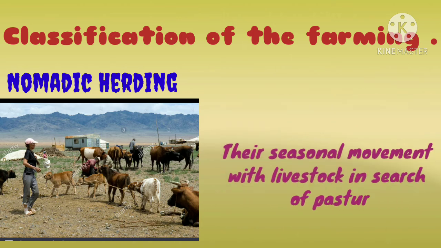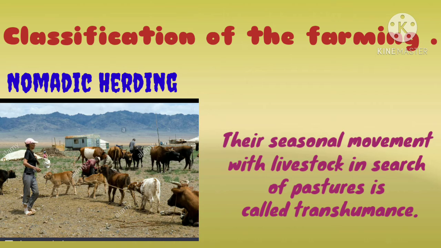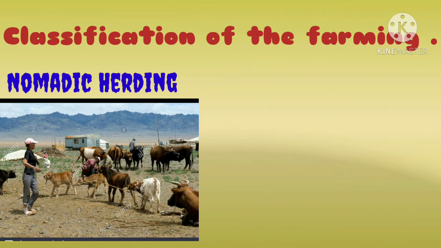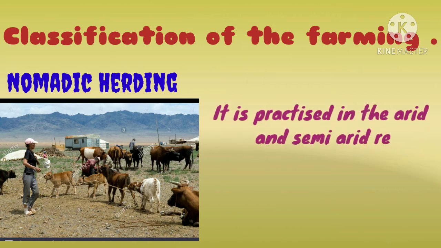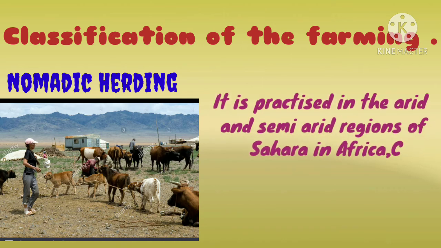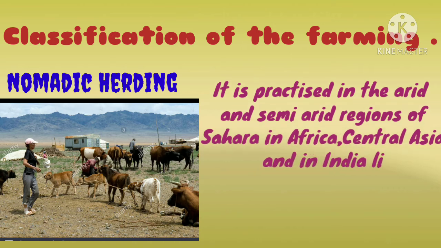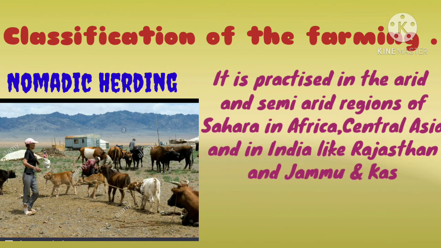Their seasonal movement with livestock uphill during summer and downhill during winter in search of pastures is called transhumance.